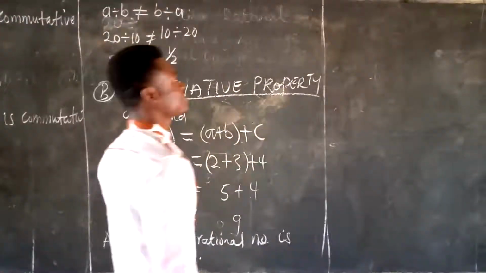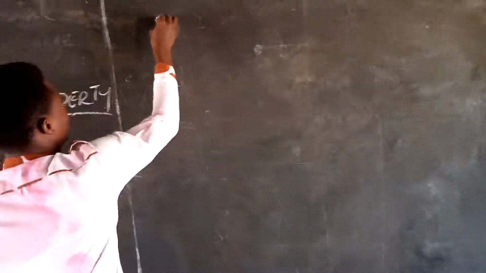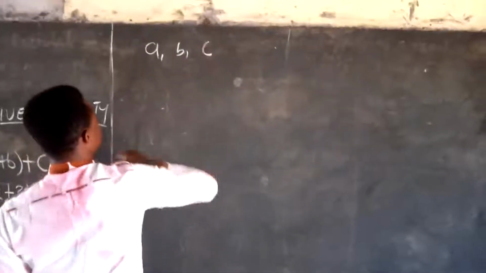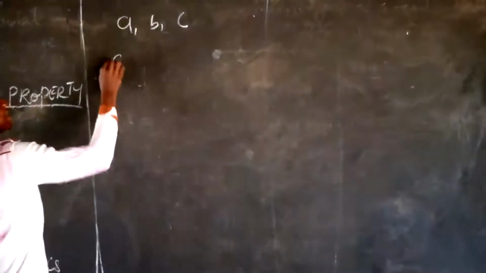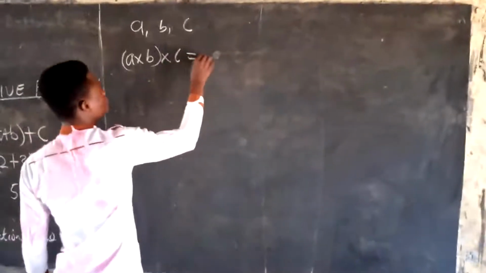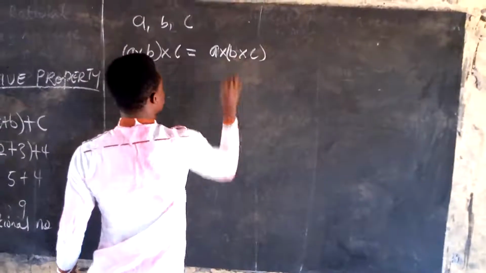Okay, let's try for multiplication and see what we get. Let's do the same thing, where A, B and C are numbers. So you can say that A times B times C is equal to A times B times C, with the brackets moved, like this.